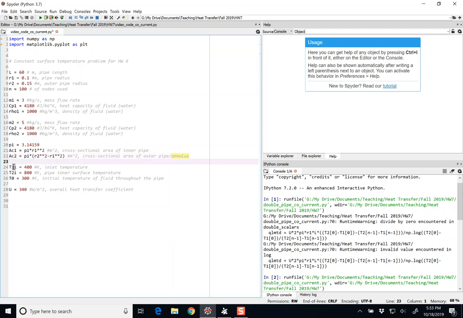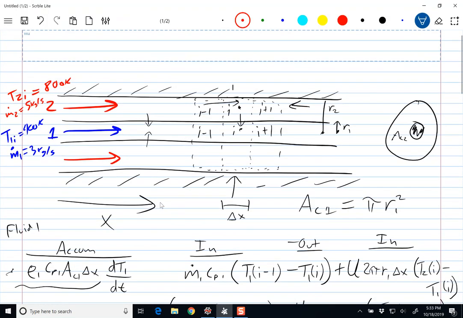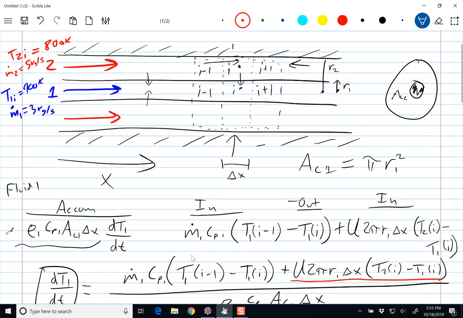So we've got our inlet temperatures defined here. Fluid 1 is coming in at 400 Kelvin. Fluid 2 is coming in at 800 Kelvin. So at the beginning, you'll see those two temperatures. Then we should see fluid 1 start to increase in temperature and fluid 2 start to decrease in temperature. And at the end of our heat exchanger, we would see those two temperatures start to get closer and closer to each other.